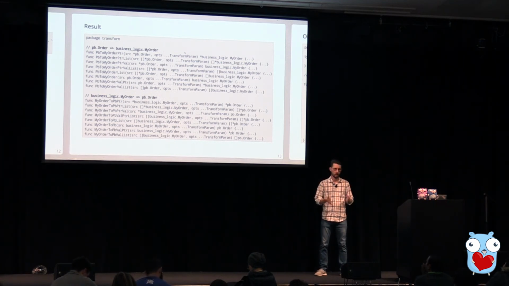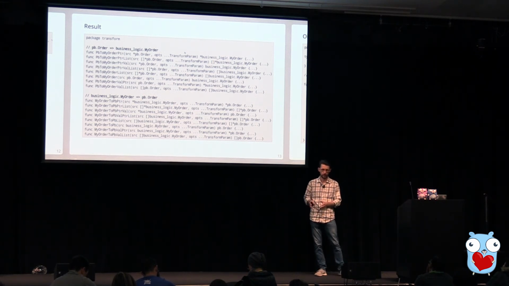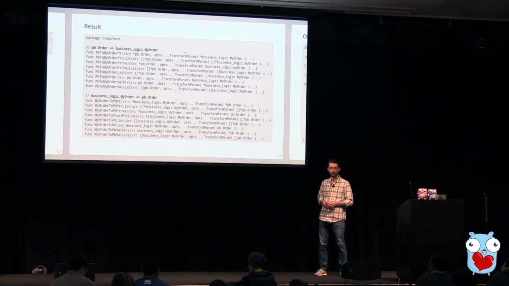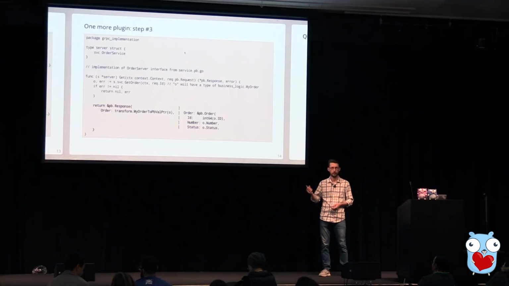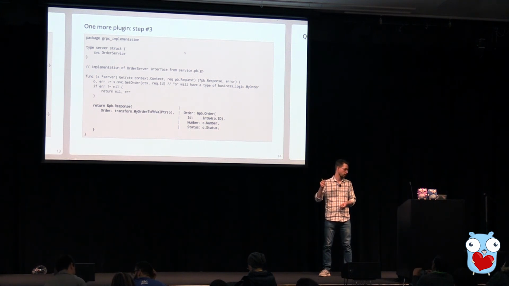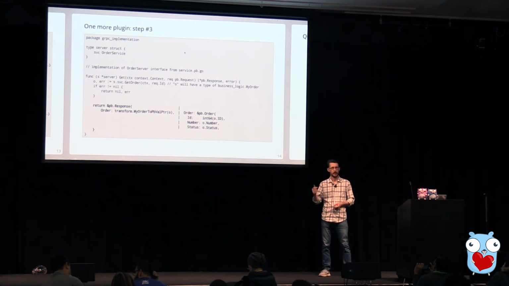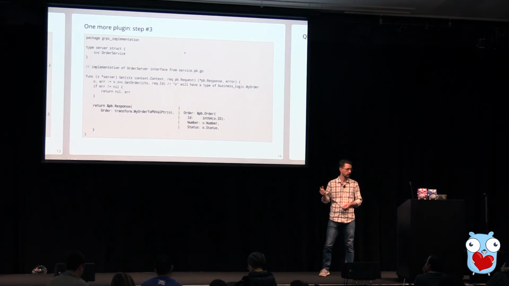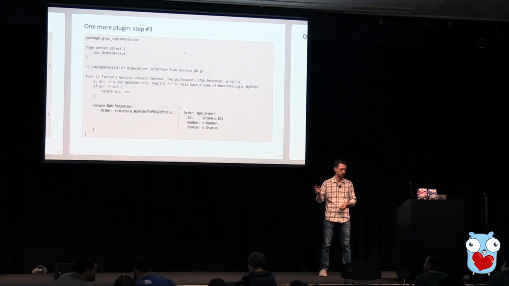That means you can convert values of protobuf order into values of business logic myOrder, also values to pointers to values, etc. And as a result, in our gRPC implementation, we can easily use it. We can just call this function, pass the myOrder object as a param, and get a new struct of type protobuf order. On the right side of this slide, you can see the previous version of this transformation.